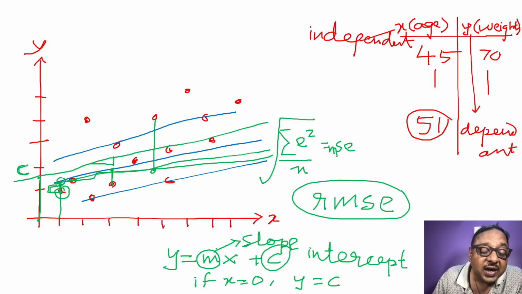Now what we have done is that we have created a linear regression equation where we have only one independent variable and one dependent variable. However, in real life, we will have the dependent variable y depending on many independent variables. Let's say we have independent variables x1, x2, x3, etc. Right now we have taken 3 independent variables.